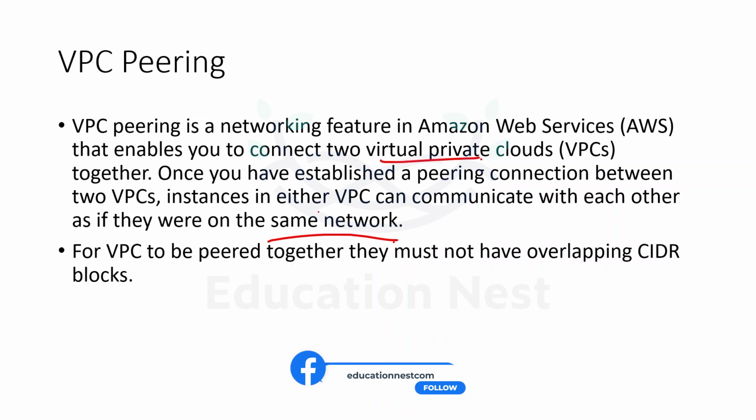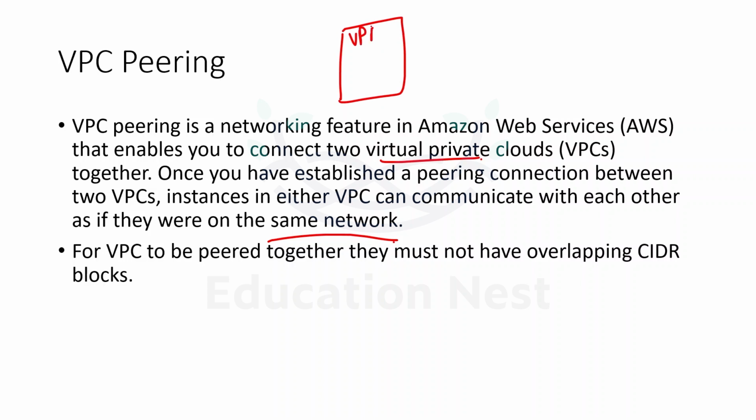So let's say we have the intrusion protection and detection in one VPC. Okay, this is my VPC A. Over here, I have an intrusion system.